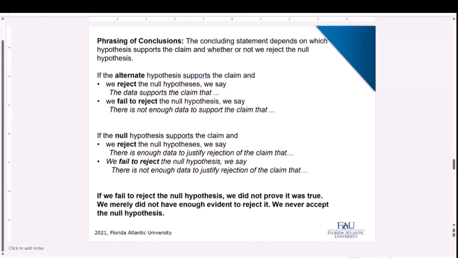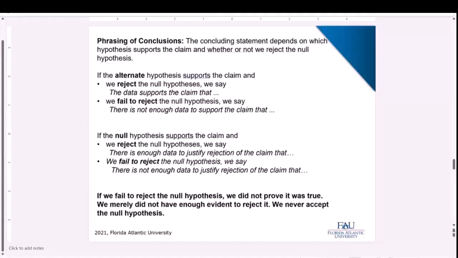If the alternate hypothesis supports the claim and we reject the null hypothesis, the data supports the claim. If we fail to reject the null hypothesis, we have to say there is not enough data to support the claim. If the null hypothesis supports the claim and we reject the null hypothesis, we say there is enough data to justify rejection of the claim.